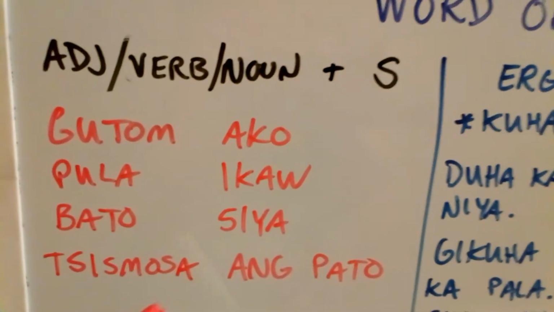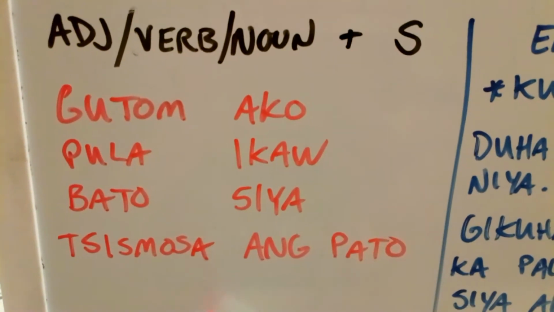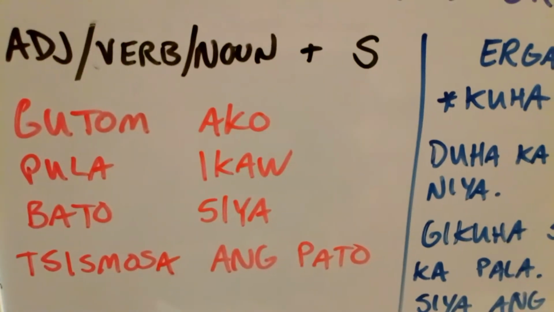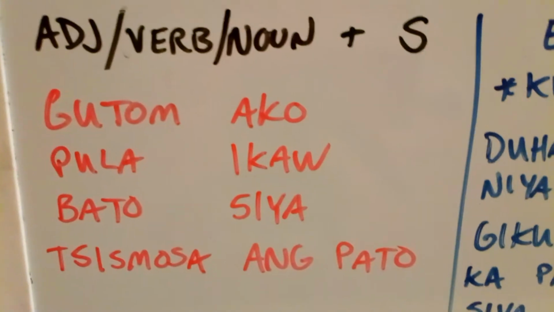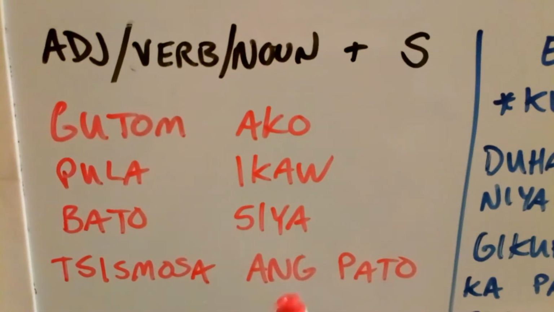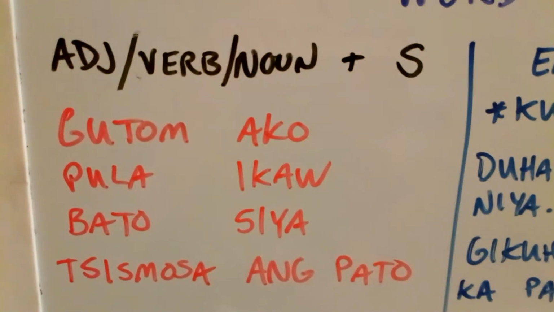And I was talking about earlier how the subject is most likely going to be in the absolutive form because that is the focus of the conversation or whatever topic we're talking about. So most likely it's going to be in the absolutive case. That means it needs to have some sort of absolutive marker.